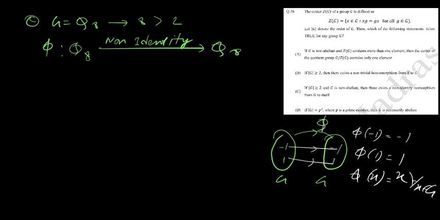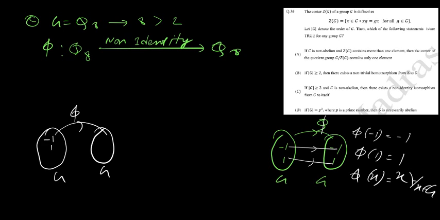And non-identity is, suppose from the group G to G there is a function phi. Suppose the elements are minus 1, 1 and 2.